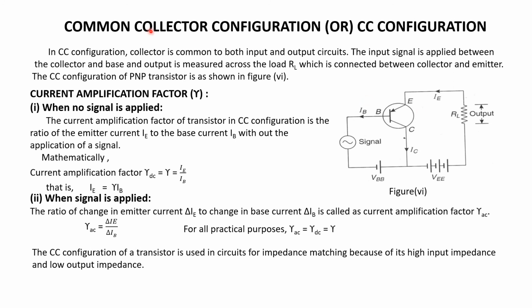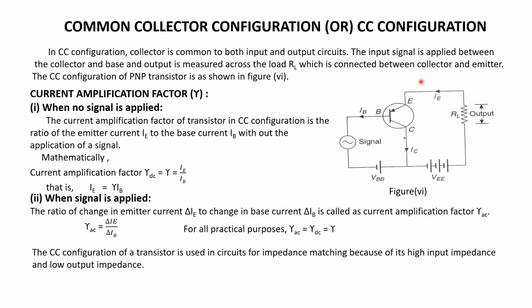Now, coming to common collector configuration. If the collector is made common to both input and output circuits, then that is said to be common collector configuration. Here, the input signal is applied between base and collector, and output is taken between emitter and collector. The current amplification factor of a transistor in CC configuration is IE by IB.